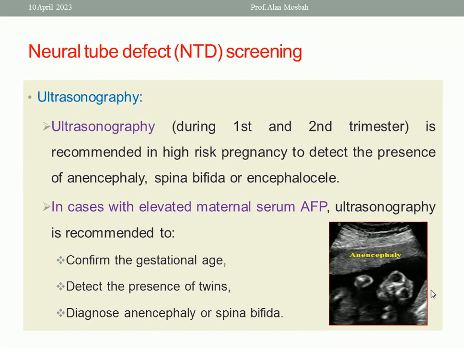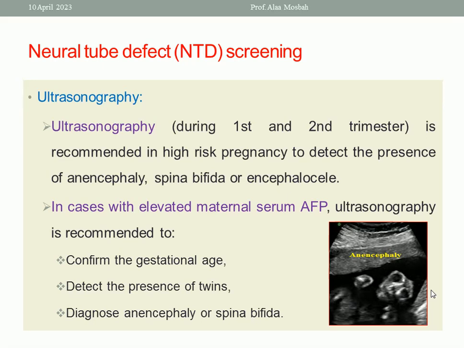Okay, the second item in neural tube defect screening, rather than measuring maternal serum alpha fetoprotein, is ultrasonography. Ultrasonography during the first and second trimester is recommended in high-risk pregnancy to detect the presence of anencephaly, spina bifida, and encephalocele. In cases with elevated maternal serum alpha fetoprotein, ultrasonography is recommended.